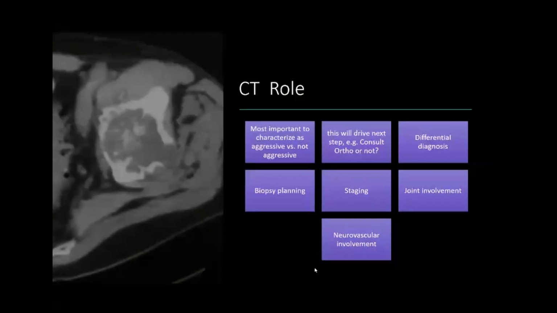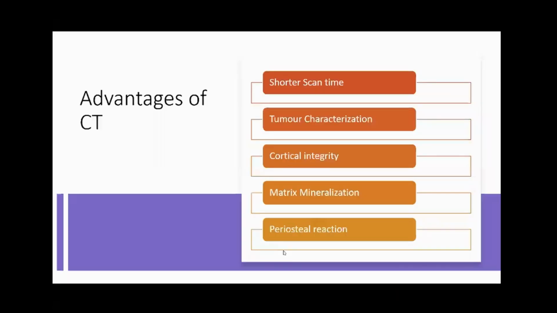The role of the CT is the most important to characterize a lesion as either aggressive or not aggressive. It can drive you to the next step, differential diagnosis, biopsy planning, staging like CT chest abdomen pelvis, and joint and neurovascular involvement, especially with the current multi-slice CT, where the tissue contrast is very good, so you can discriminate the neurovascular involvement.